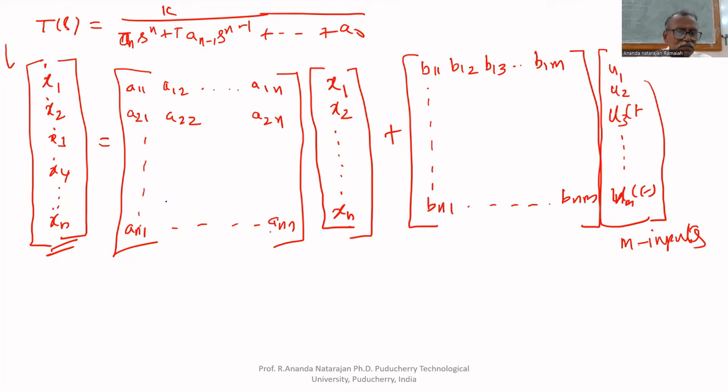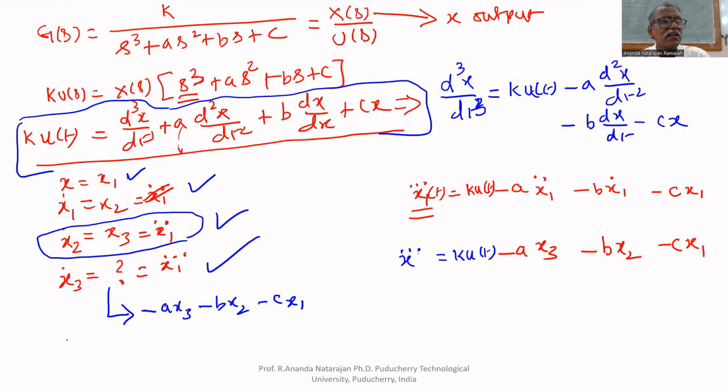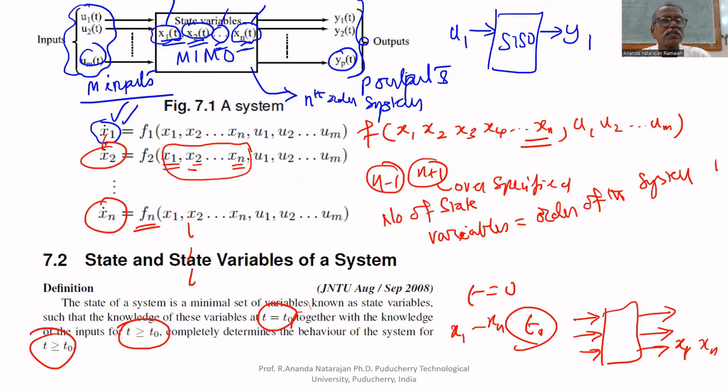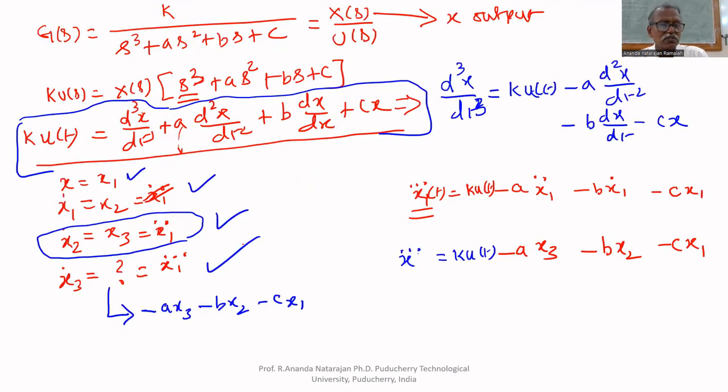We can write the outputs in terms of the state variables. How many outputs have we seen? P outputs we have seen. How to write these P outputs?